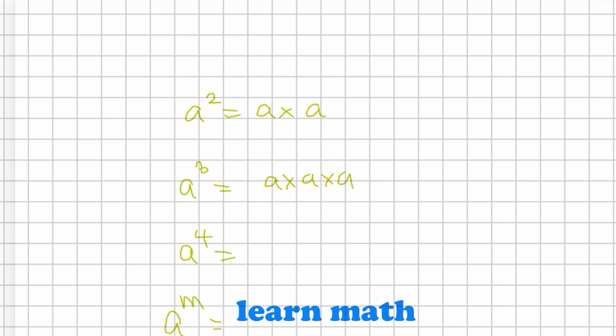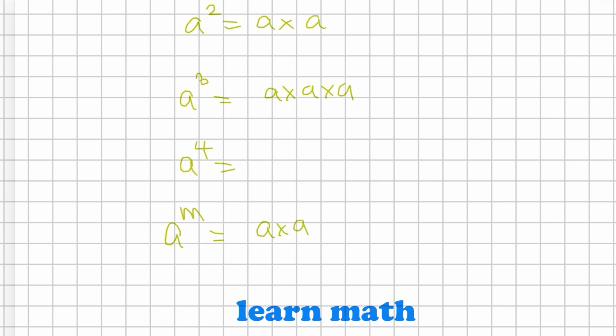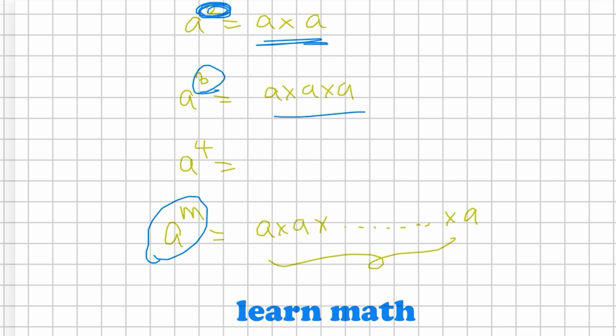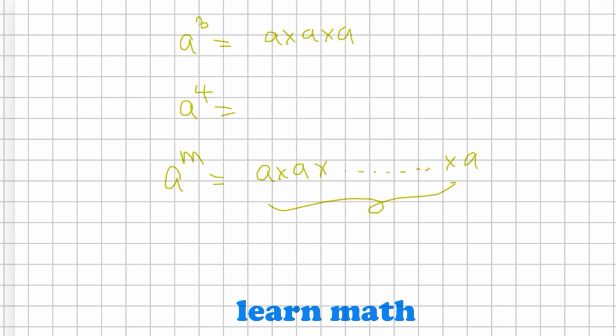Let's say if I say a power m, how many a's? m. See, 2 means 2 a's. 3 means 3 a's. 4 means 4 a's. m means m a's.